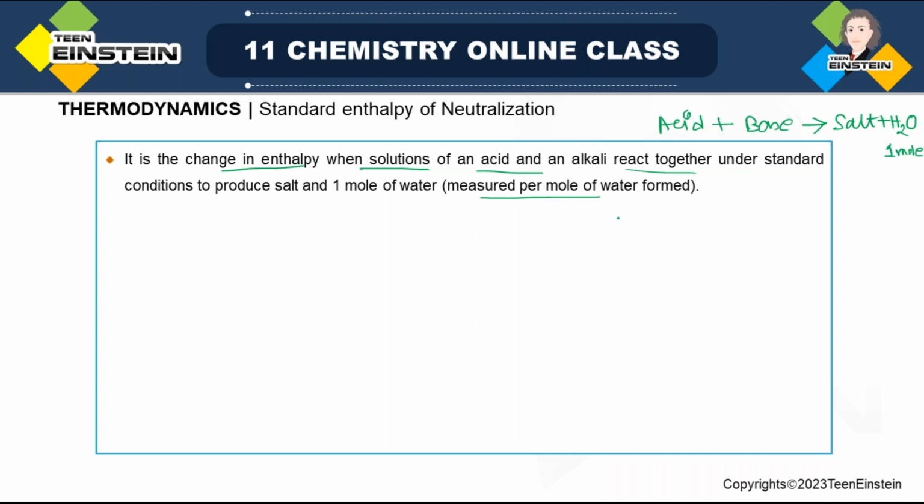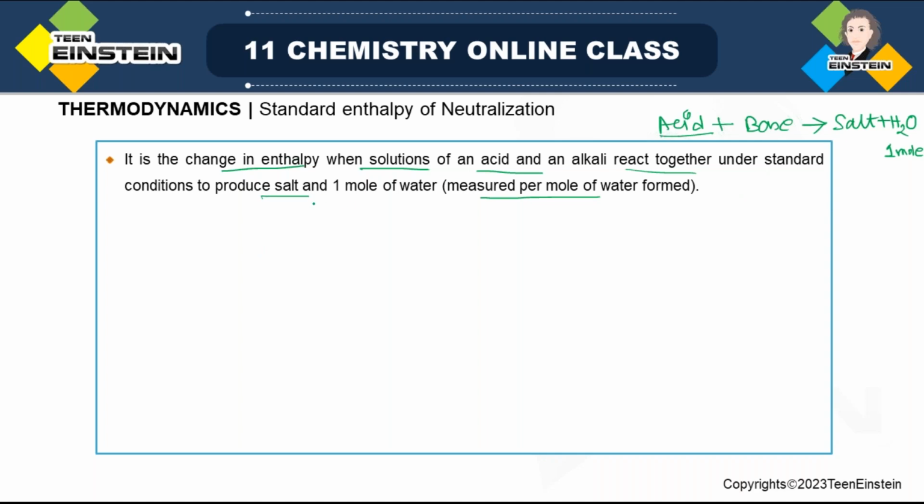So for the formation of 1 mole of water, the corresponding enthalpy change under standard condition is actually the standard enthalpy of neutralization. It is not that you have started from 1 mole of acid or 1 mole of base, whatever amount you have started. But the definition of standard enthalpy of neutralization is based on how many moles of water you have obtained. So that is why the definition is based on standard condition.